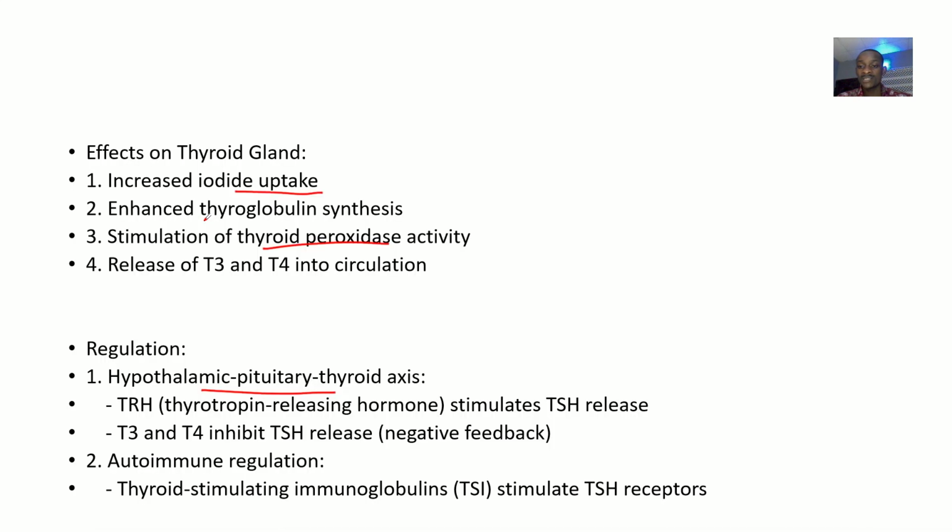So if TSH is in excess, the instruction will come from the hypothalamus to stop producing thyroid releasing hormone, so TSH will be reduced in circulation. So the thyroid releasing hormone stimulates TSH release. If it is not released, TSH levels will reduce. So that's the regulation.